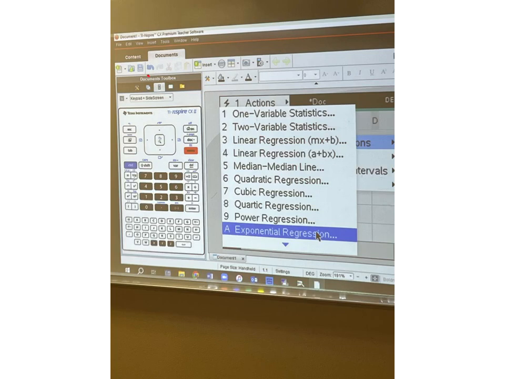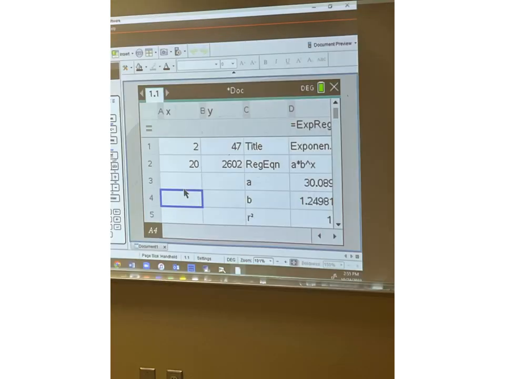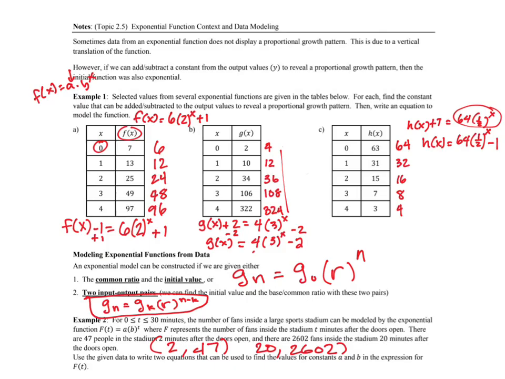After you do your exponential regression, you should see it tells you A equals 30.089 and B equals 1.25. Y'all see those? You can use that information to write the equation at the bottom of the example down here. It says use the given data. So what do you know?